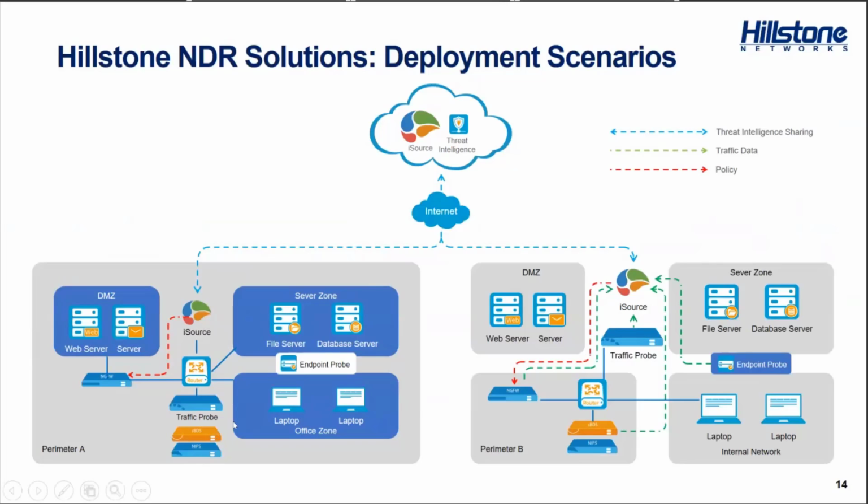And now this traffic metadata or threat detection result can be forwarded to what we call the iSource central analytical platform, which can be a high-performance server farm, or it can be inside the cloud. Here's the distributed form.